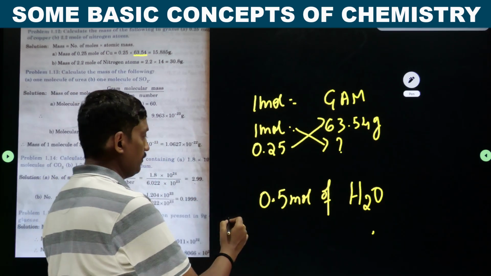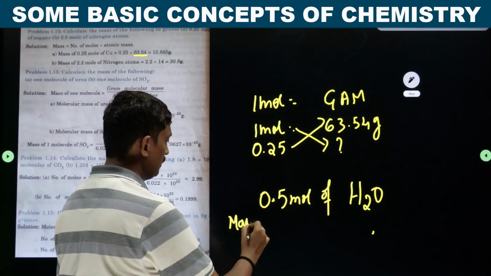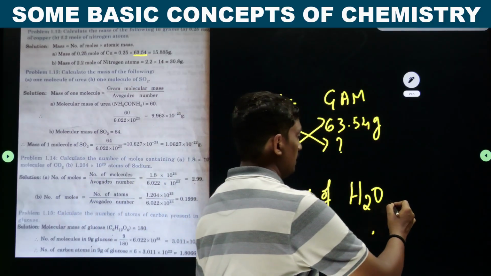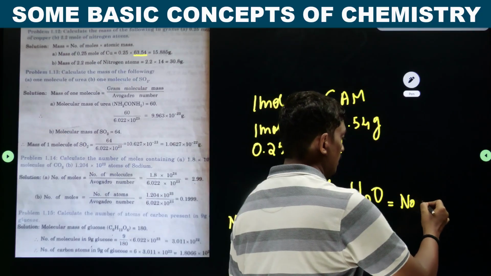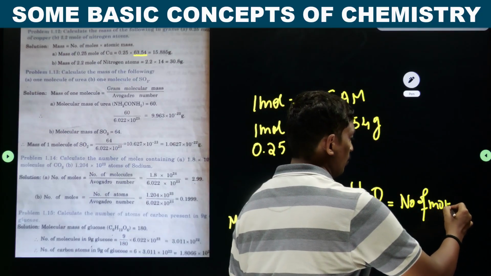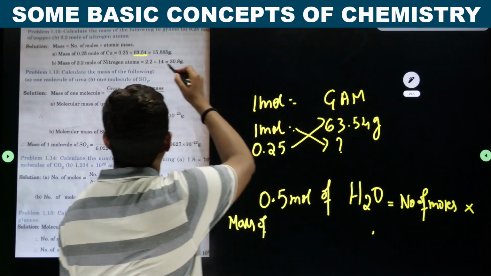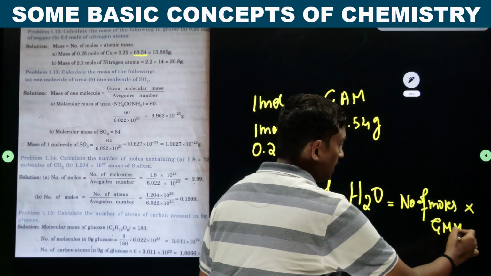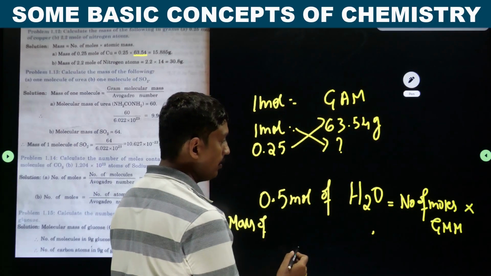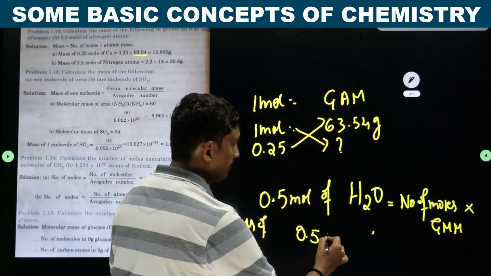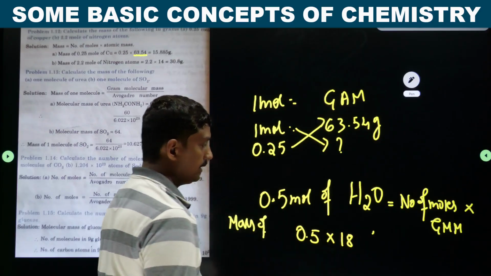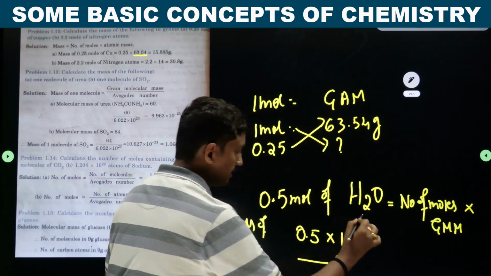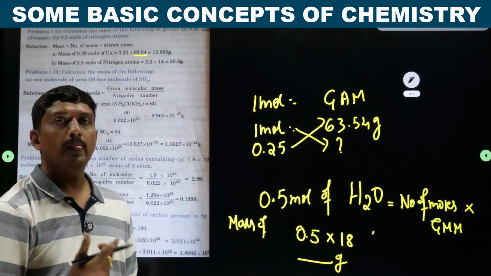Mass of 0.5 moles of water is equal to number of moles into gram molecular mass. Why gram molecular mass? Because we have taken water. 0.5 into gram molecular mass, which is 18. If you multiply, you will get the value, that is grams of water.